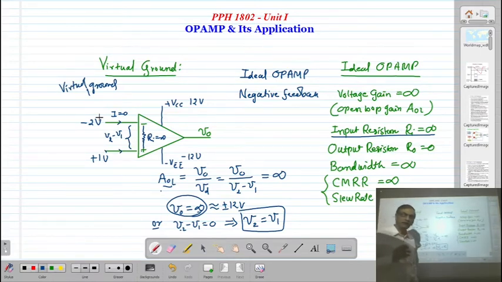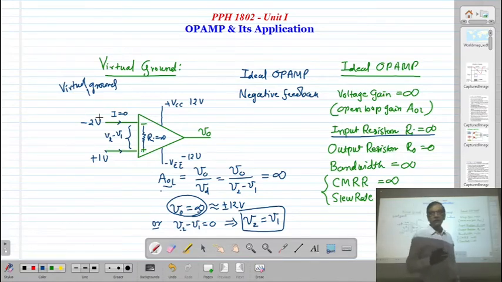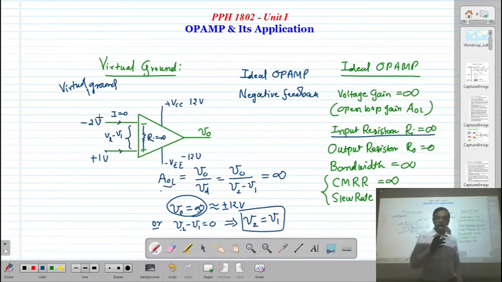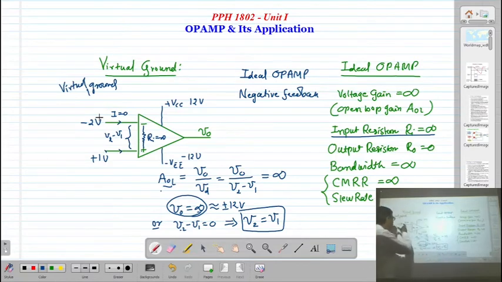So whenever we have positive feedback, normally applied in an oscillator circuit, when you use the op-amp as an oscillator, then the virtual ground concept will not be applicable. Or if you are making an astable multivibrator, or you are using a comparator circuit. Here basically this is a comparator.